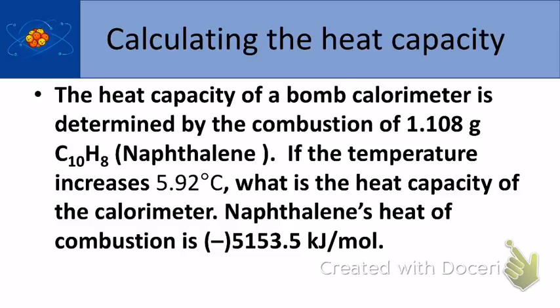So normally, when we do these problems, we're trying to figure out this number, okay? But instead, what this problem is asking you to do is figure out what the heat capacity of the bomb calorimeter is.